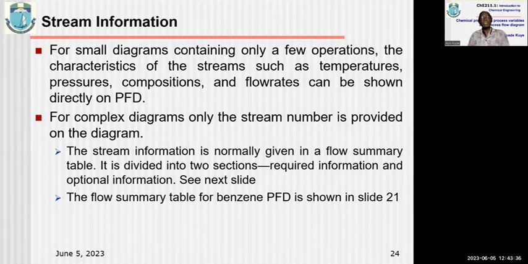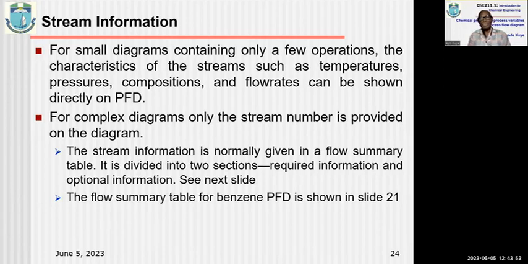So the stream information, just like we said, if it's small diagrams containing only a few operations, you can include such stream information directly on the PFD.